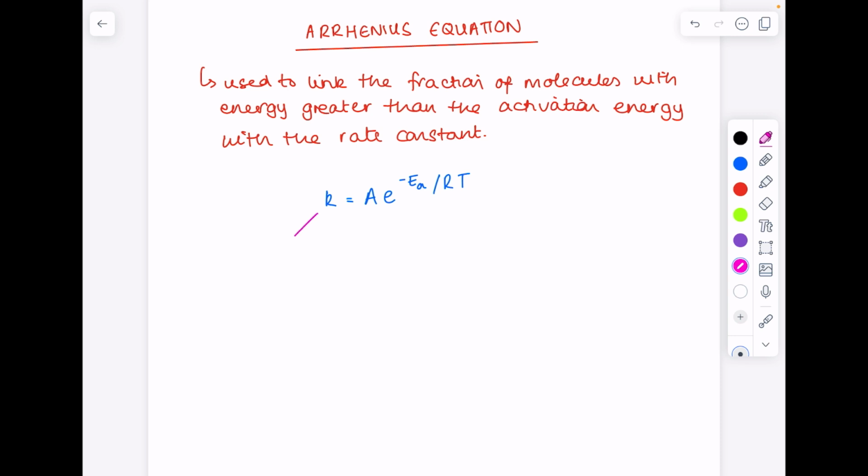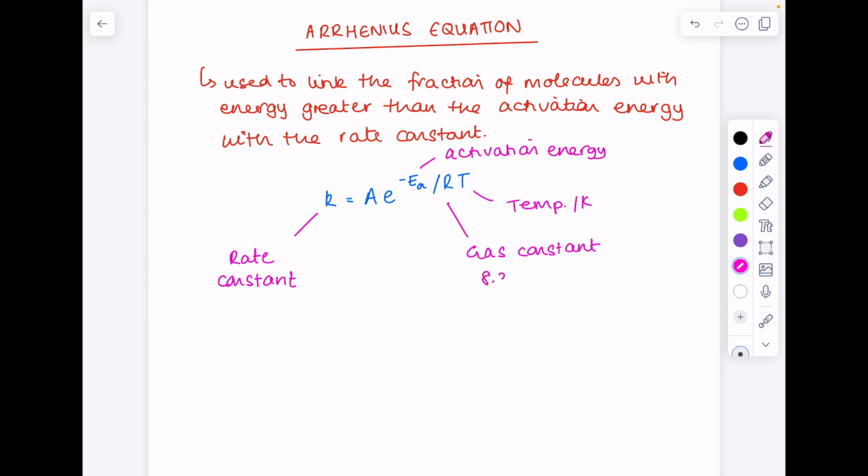So remember k we've met before, that's the rate constant, whose units we'll have to determine separately. Ea up here is your activation energy. T is your temperature in Kelvin. R you met in the ideal gas equation, it's your gas constant, which has a value of 8.31.